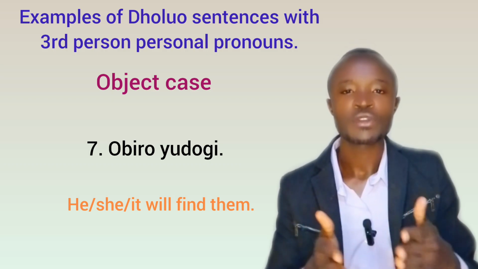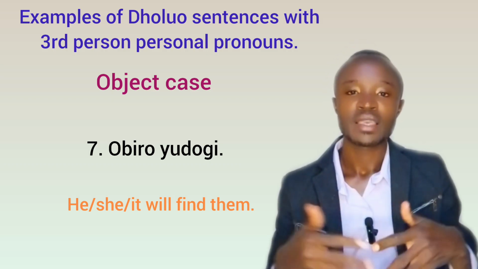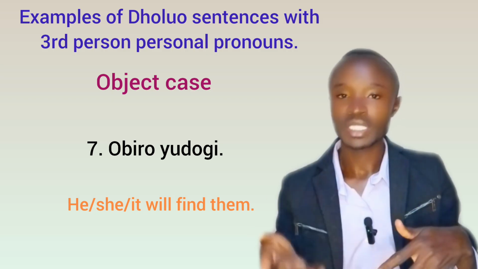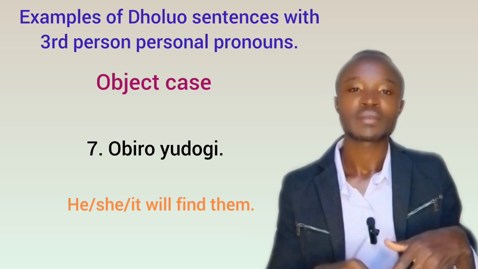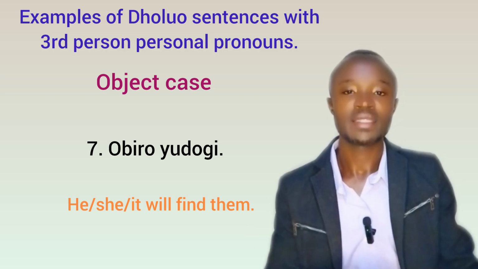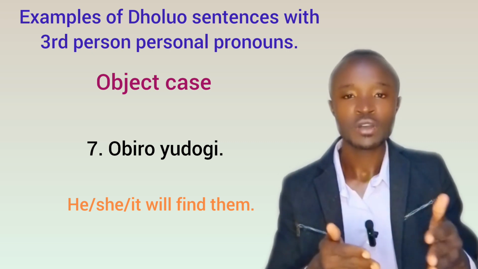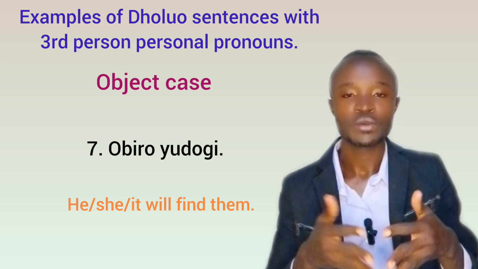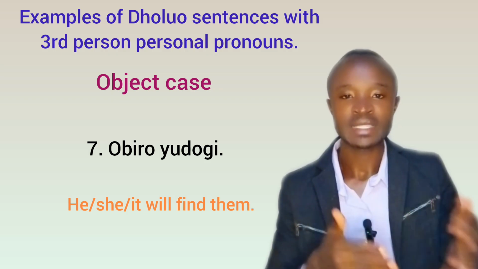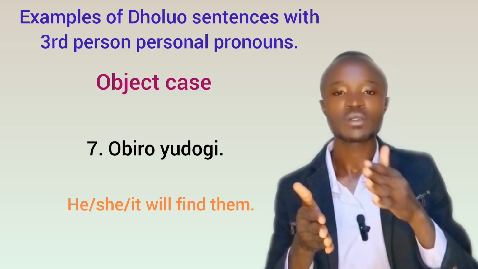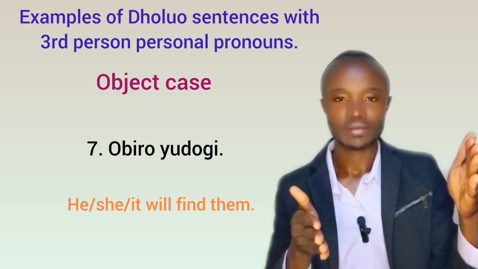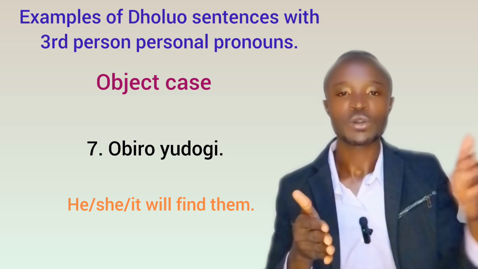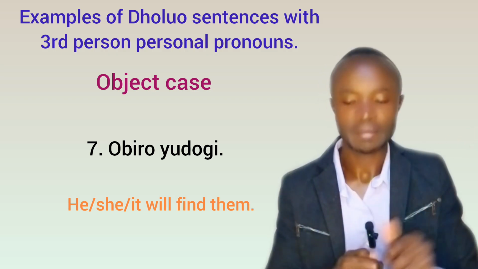So, obro yudogi means he or she or it will find them. Yudo is find in Dholuo. So, yudogi, find them. Biro, going to. Obiro yudogi, is going to find them.